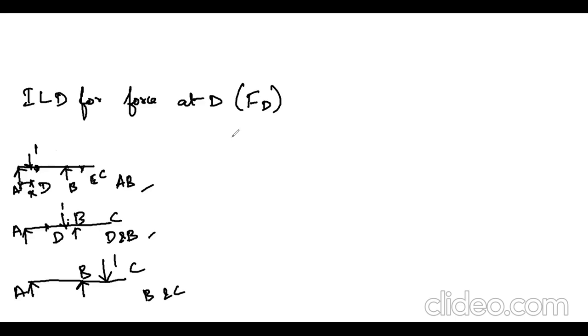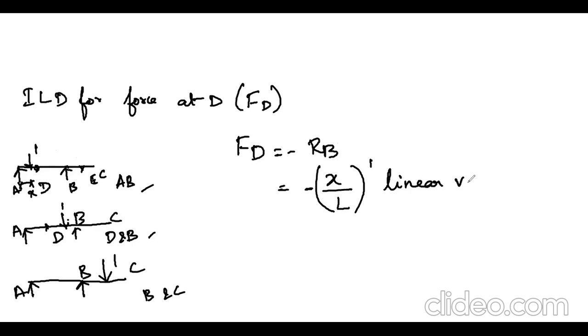So for considering FD, since this is upward direction, when considering the shear force, right upward means the value will be negative. So minus RB, and you know the value of RB as x by L. So minus x by L, the power value is 1. Here also it is linear variation.